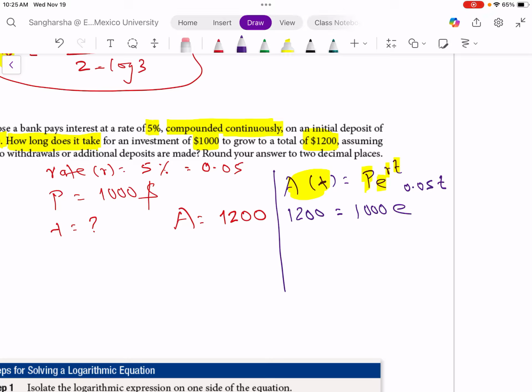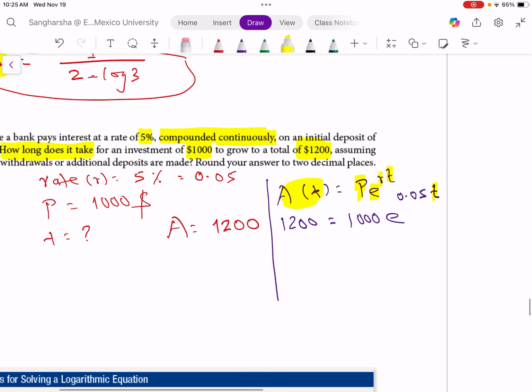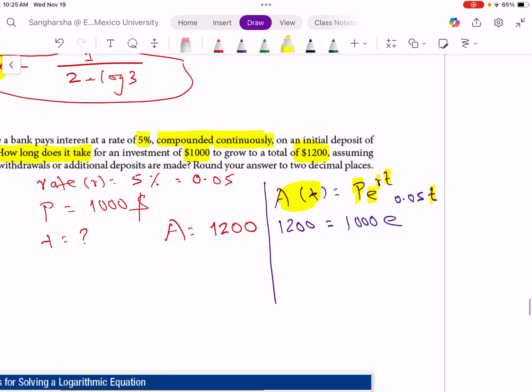Our target is finding the value of T. To find that, at first we have to isolate the exponential expression. Let's get rid of 1000 by dividing both sides by 1000. So we have 1.2 equals e to the power 0.05t.